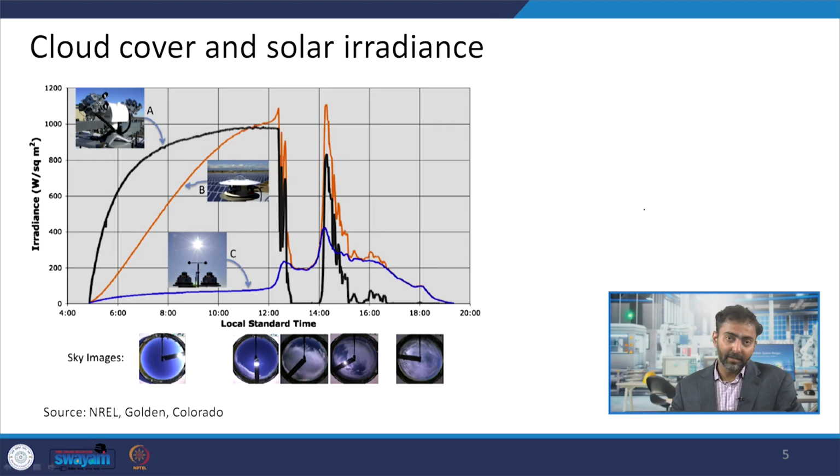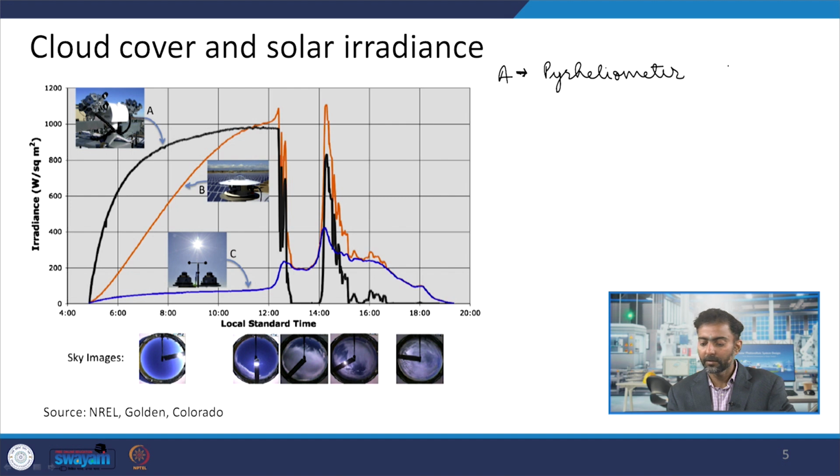Yes, it's a very easy thing to guess, especially if you look at the equipment pictures given there, A, B and C, then the answer is a giveaway. The equipment shown in figure A is basically a pyrheliometer, and therefore the black curve is what gives you the DNI.